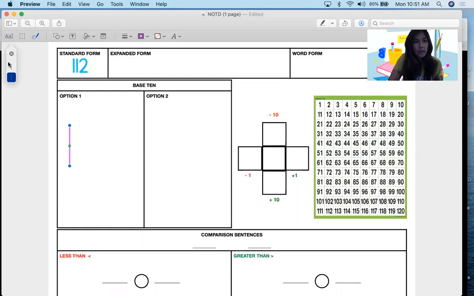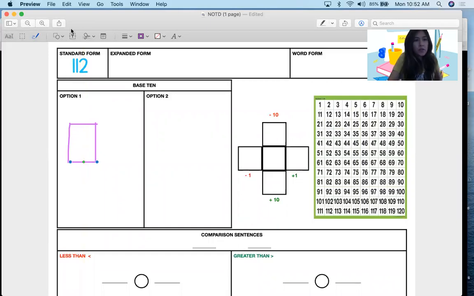Now, it's a little hard, but I'm making it happen. Here we go. I'm representing it on my paper.